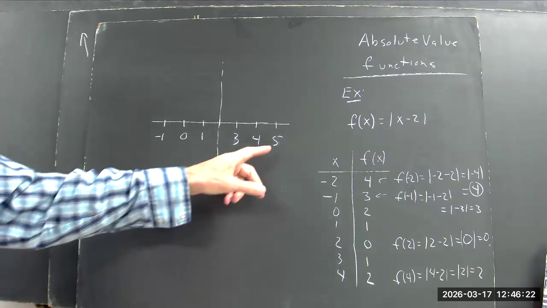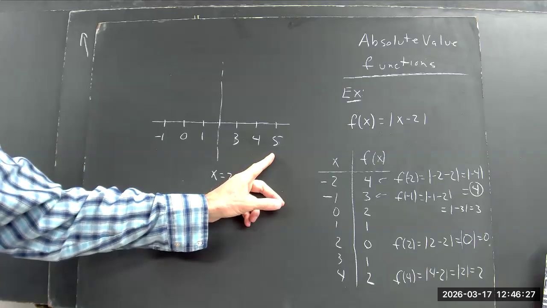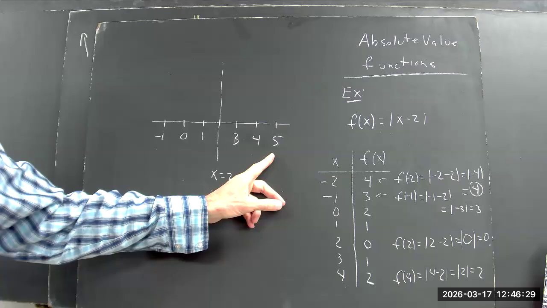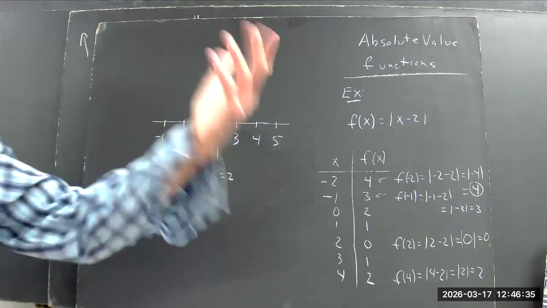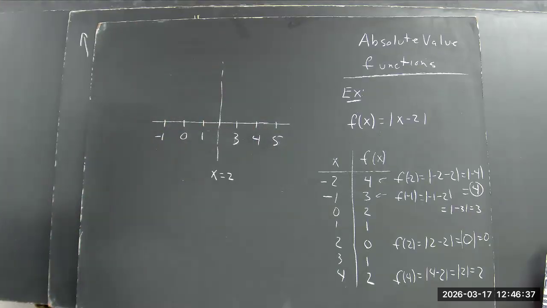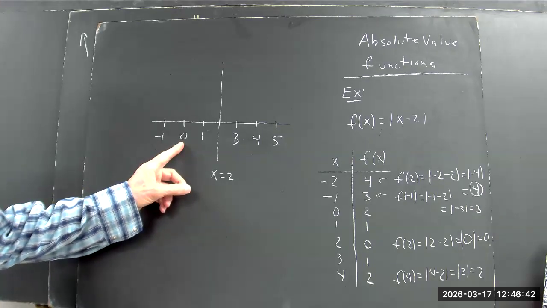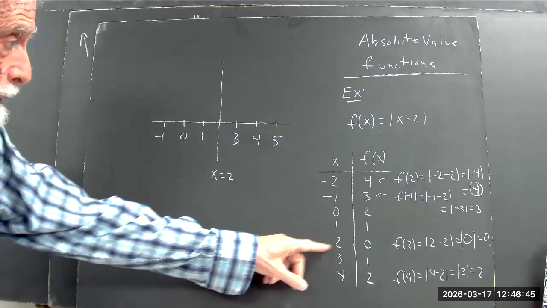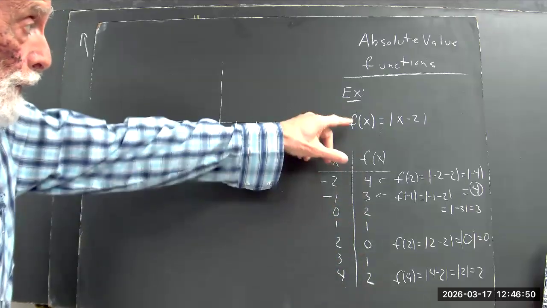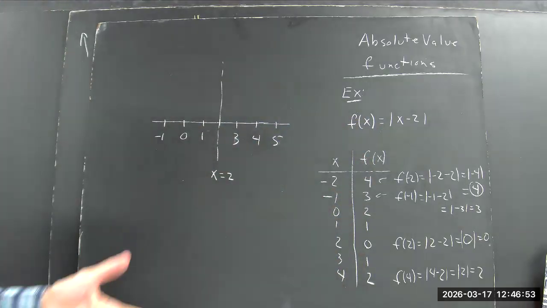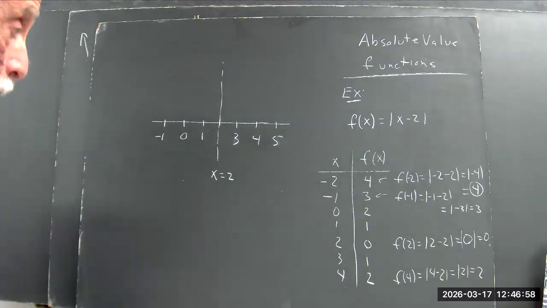So if we're at 5, how far are we from the x equals 2 line? 3 units, right? You can count them: 1, 2, 3. Or you just do 5 minus 2 and you get 3. If we're at 0, how far are we from the x equals 2 line? 2 units. My point is that f of x, this absolute value of x minus 2 function, is the how far are you from 2 function.